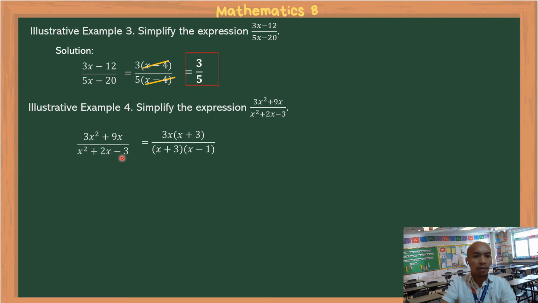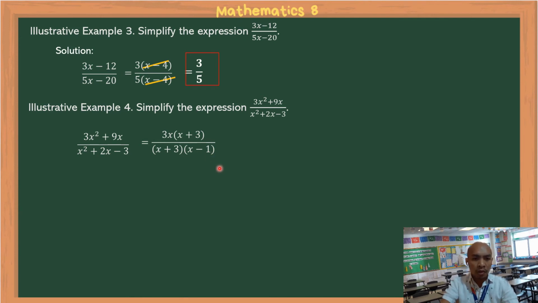So what are the factors of -3 such that if you add the factors, the sum is +2? Since this is negative, one of its factors must be positive, the other must be negative. So therefore, our 3 is positive and the 1 is negative.